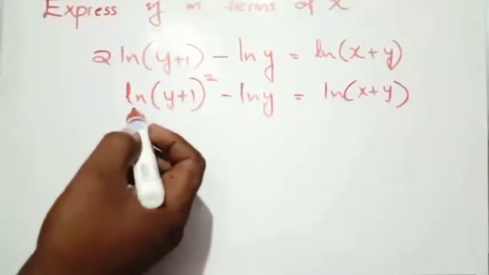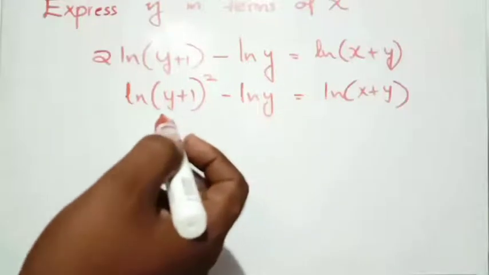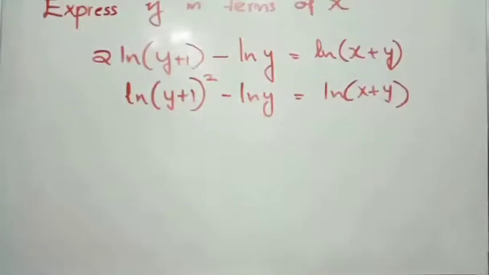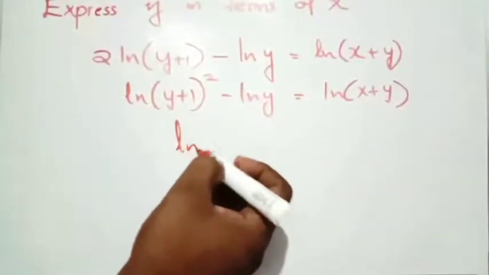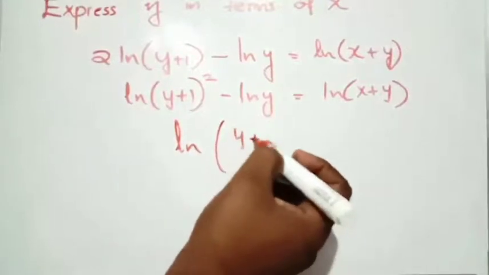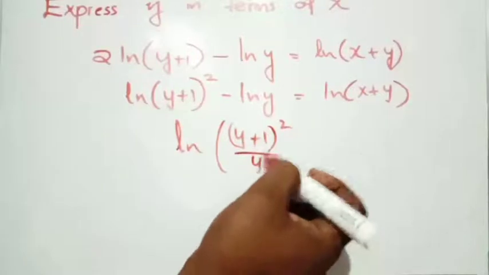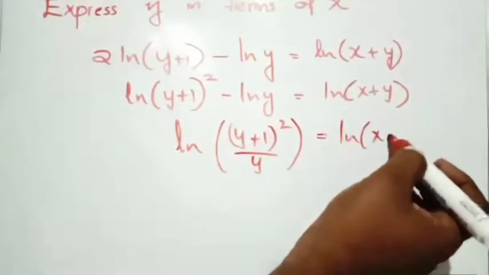So it looks like log a minus log b. You know log a minus log b is log a divided by b. So it becomes log of (y plus 1) the whole squared divided by y is equal to log (x plus y).